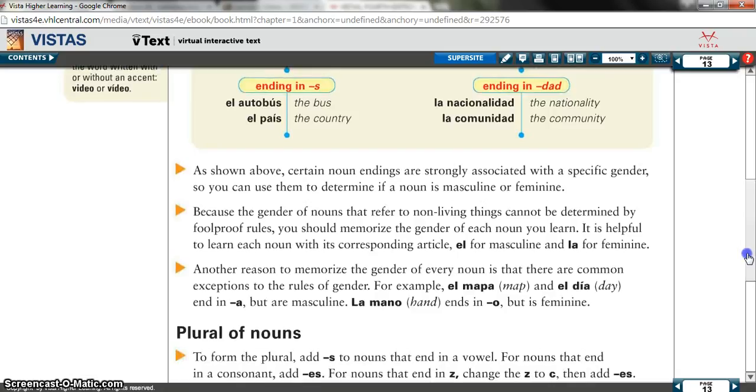It's very important to learn, again, to learn el or la along with the noun because of the exceptions, like the ma words that are masculine. Also, a lot of pa words, nouns, are masculine. So it ends in a, so you think, oh, that's feminine. But pa words tend to be masculine. So el mapa, el día, okay? And then here's hand, which is mano and ends in o, but it's feminine, la mano.